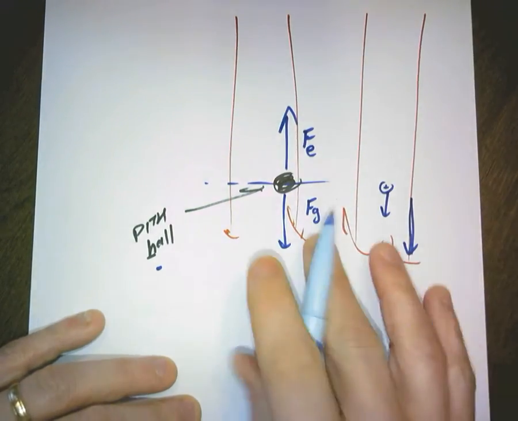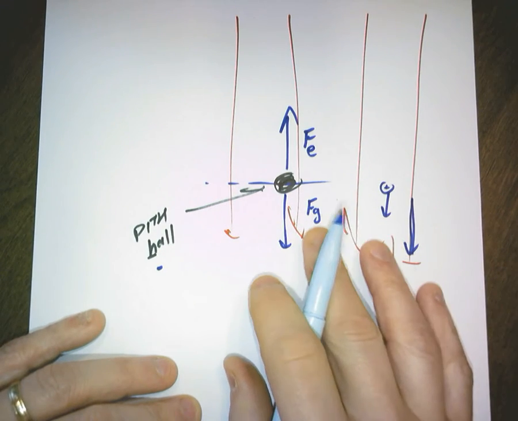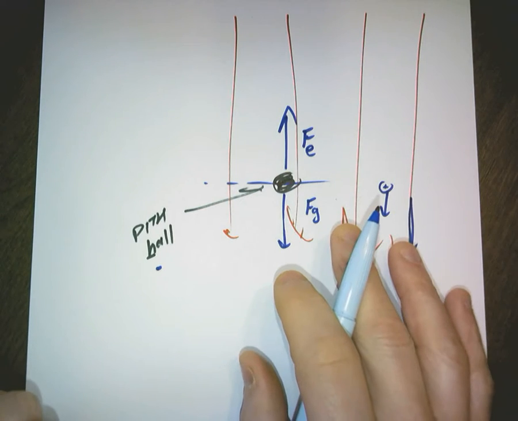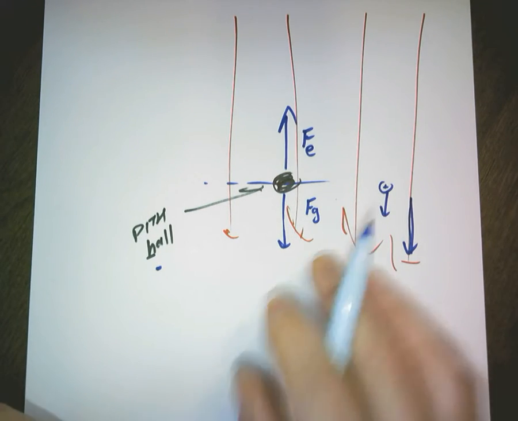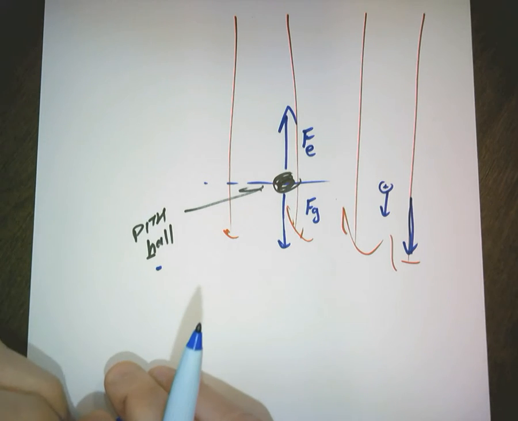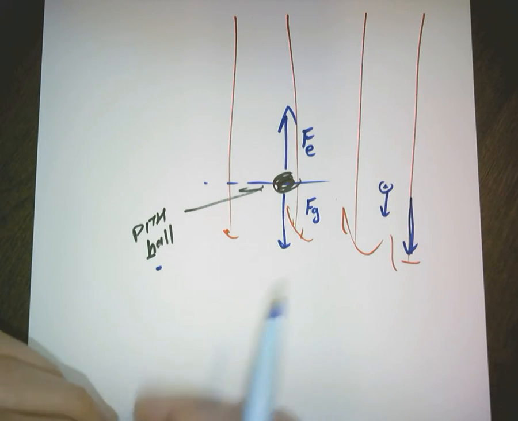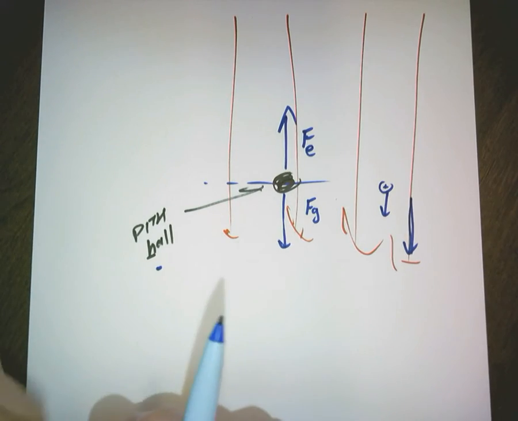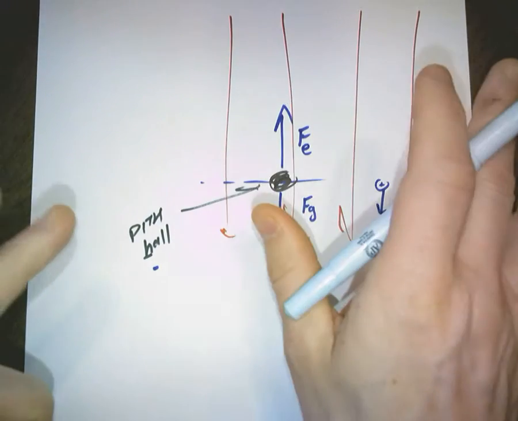This is what Millikan did with his oil drops. The Millikan oil drop experiment, famous. He took a really tiny drop of oil and amassed a small net charge. Based on observations, we can, you know what, now's not the time to get into it.